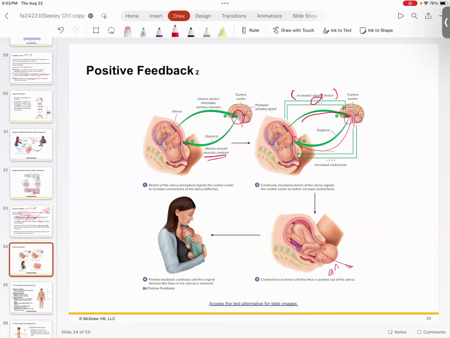And once the baby comes out, there's no more uterine stretching. After birth, there's no more uterine stretch. Why? Because the baby's out. You have this sort of deflation effect, sort of an anti-stretch, if you will, a recoil. Since you have no more uterine stretch, there's no more stimulus.